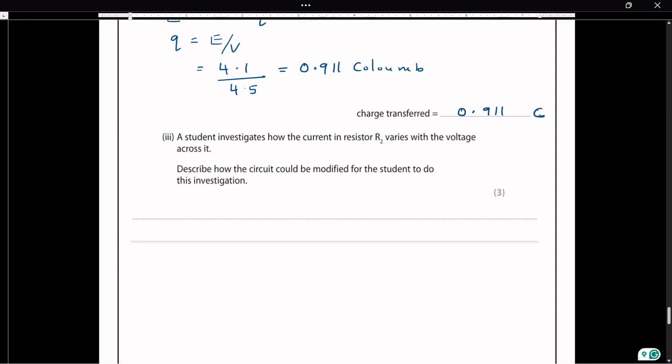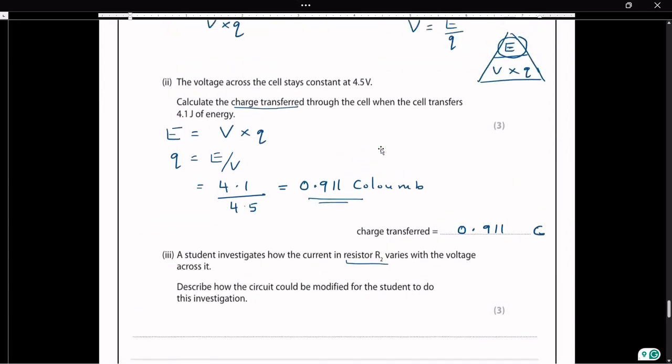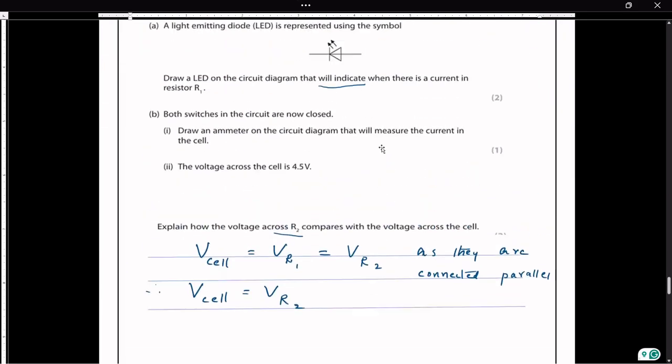Now the next part of the question is, a student investigates how current in resistor R2 varies with the voltage across it. Describe how the circuit should be modified for the student to do this investigation. Let us see the circuit again.